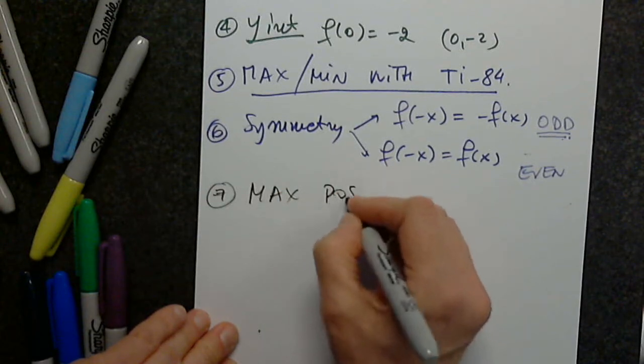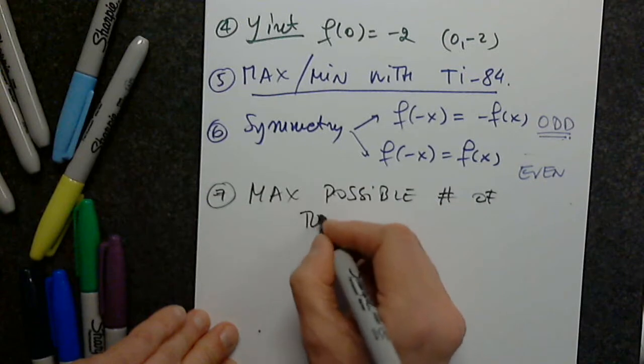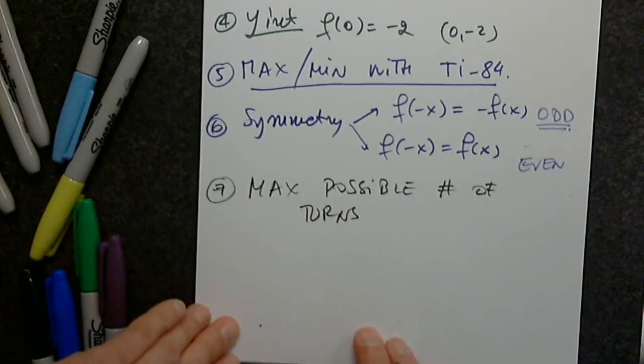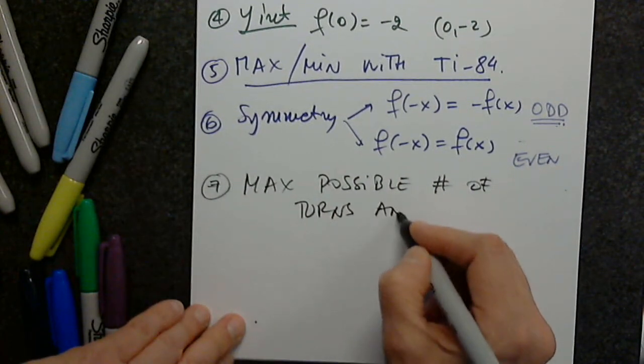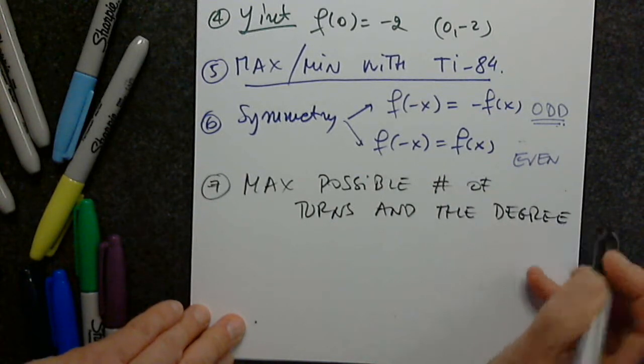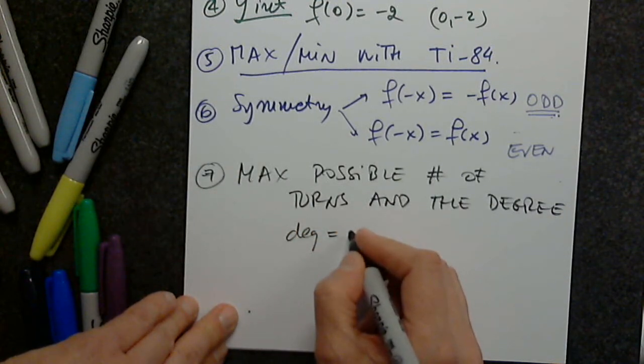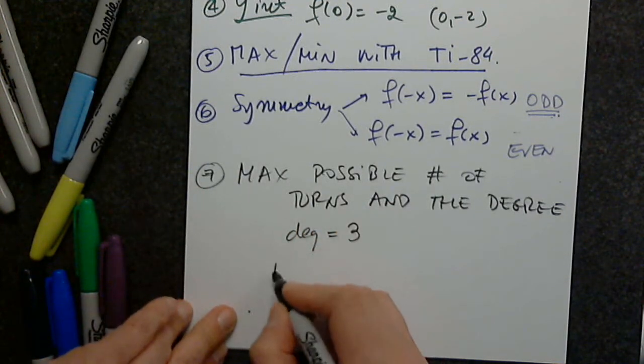max possible number of turns and the degree. One more time, what is the degree of this function? 3. Perfect.